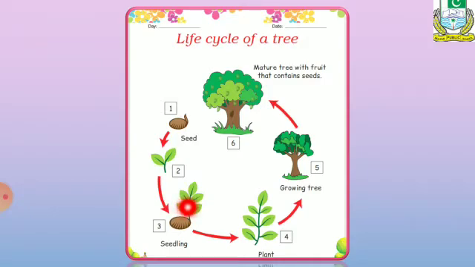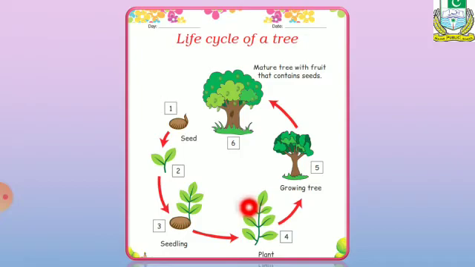It's not a seed anymore. We call it a seedling. So step number 3 is the seed turns into a seedling. And then what happens when the seed turns into a seedling? Let's move forward and find out.